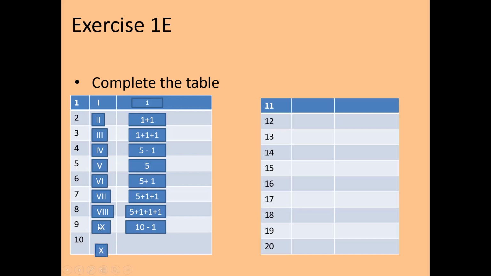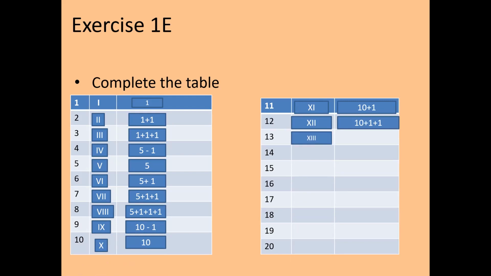Okay, now 10 is X. 11 is XI, 10 plus 1. 12 is XII, 10 plus 2, or 1 plus 1. 13 is XIII, X and triple I, so 10 plus 1 plus 1 plus 1.